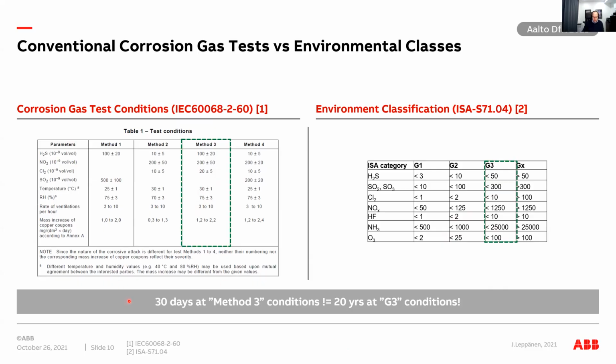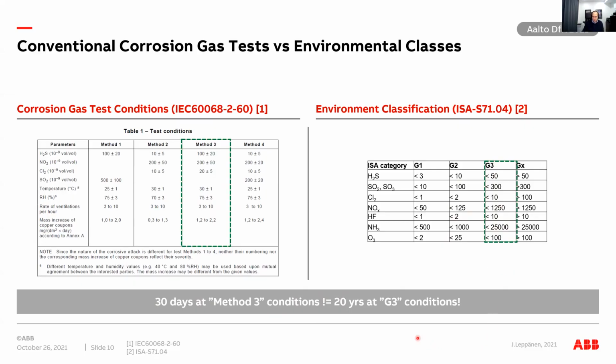Nevertheless, it must be noted that tests with these low concentrations, low temperatures, and low humidity levels cannot really show us whether this component will fulfill 20 years lifetime at these G3 conditions.